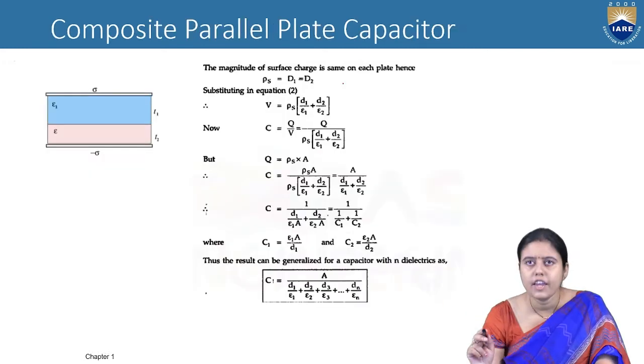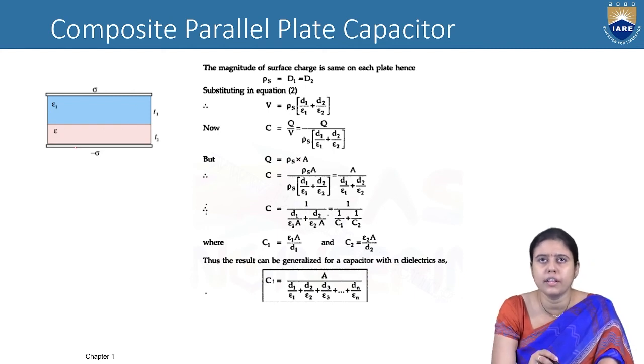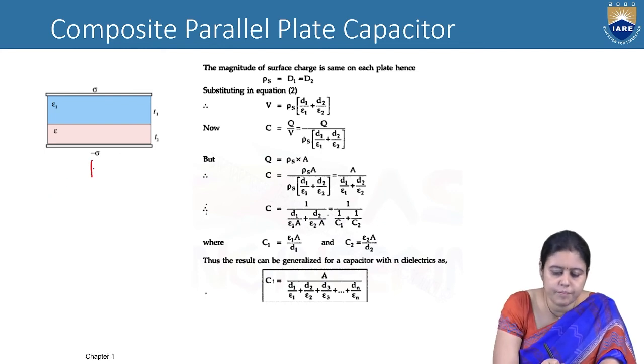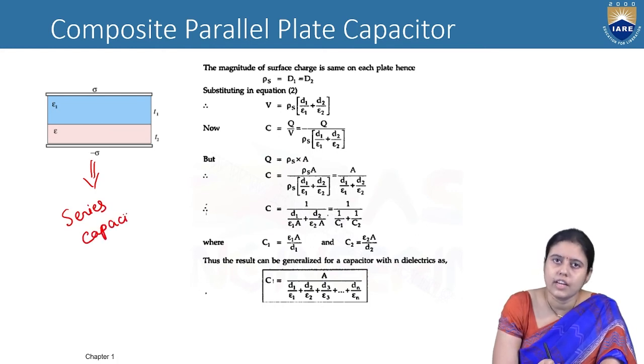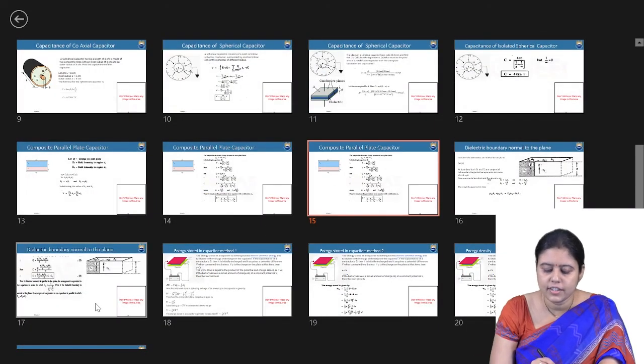If you think about this one, the current is flowing from here to here, so this is one line and this is another line, so it will behave like a series capacitor. So this is an example of the series capacitor and that is the shunt capacitor.